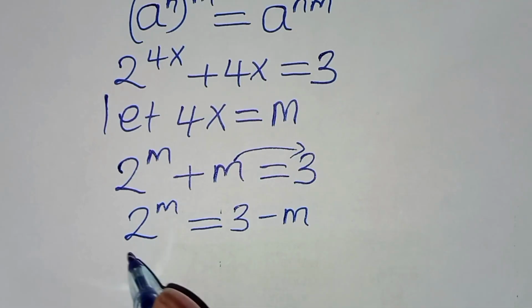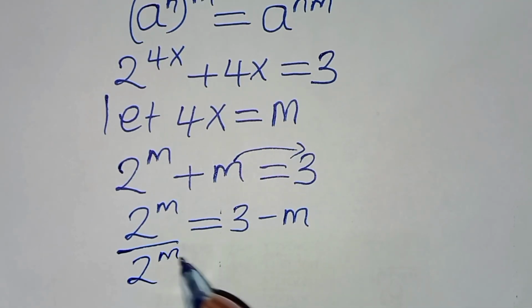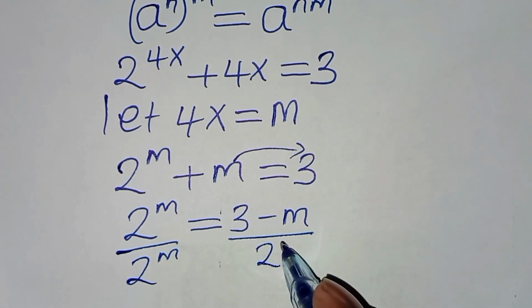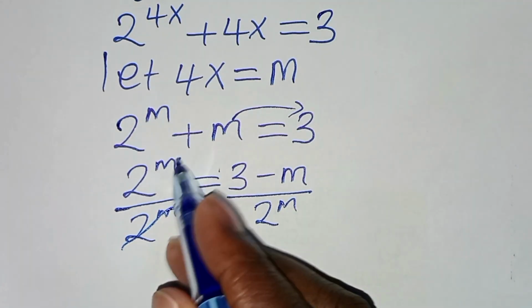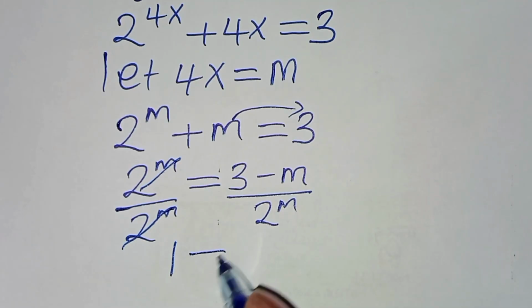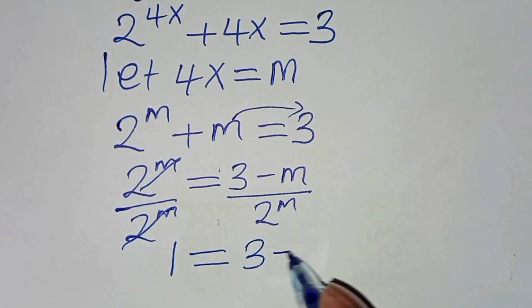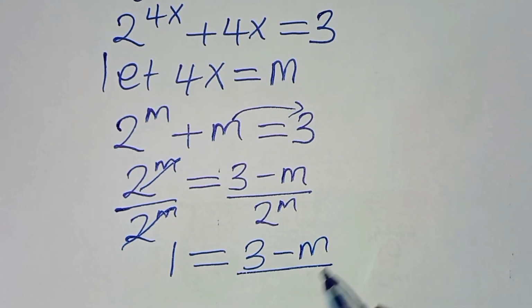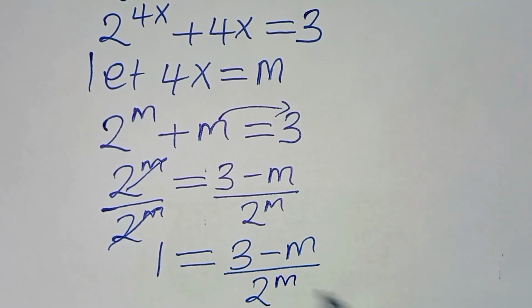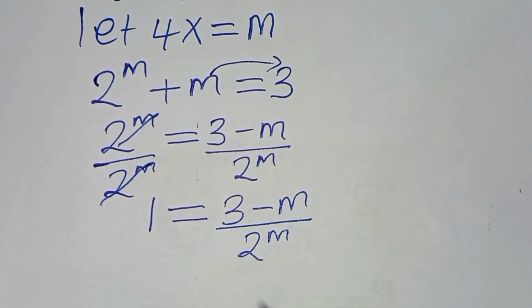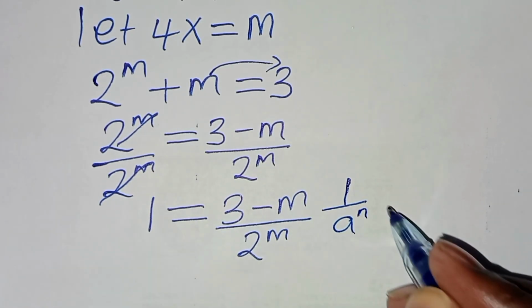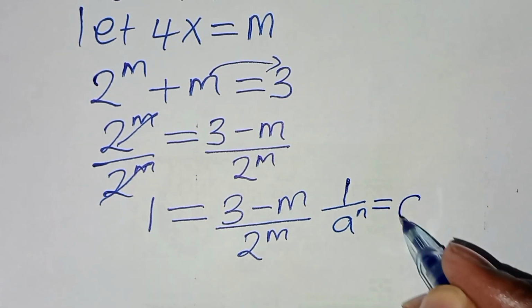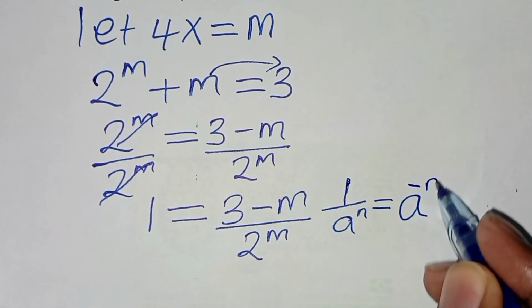So let's divide both sides by 2 to the power m. Let's simplify here. So this is the same thing as 1 is equal to 3 subtract m divided by 2 to the power m. Now, if we have 1 over a to the power n, this can be expressed as a to the power negative n.